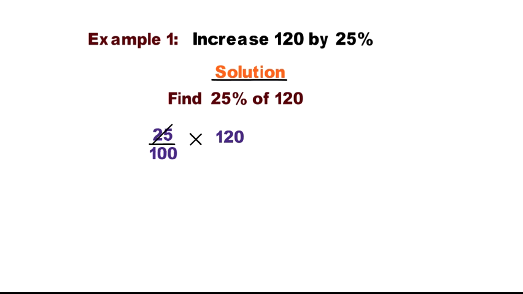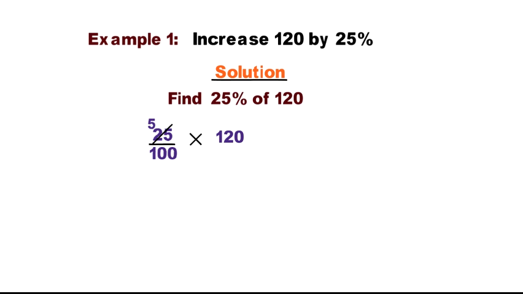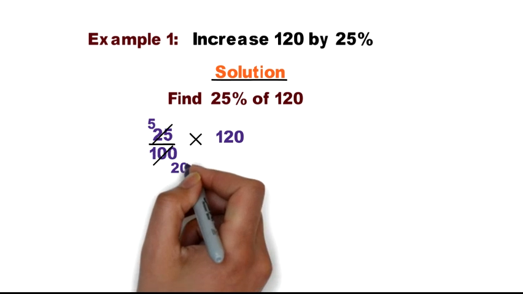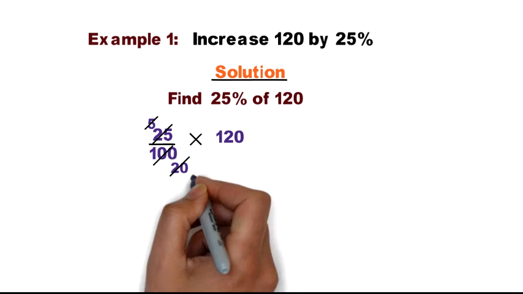So, 5 divides 25 gives us 5. And 5 divides 100 gives us 20. Next, 5 can still divide 5 and 20. So, 5 will cancel out 5. And 5 divides 20 gives us 4.